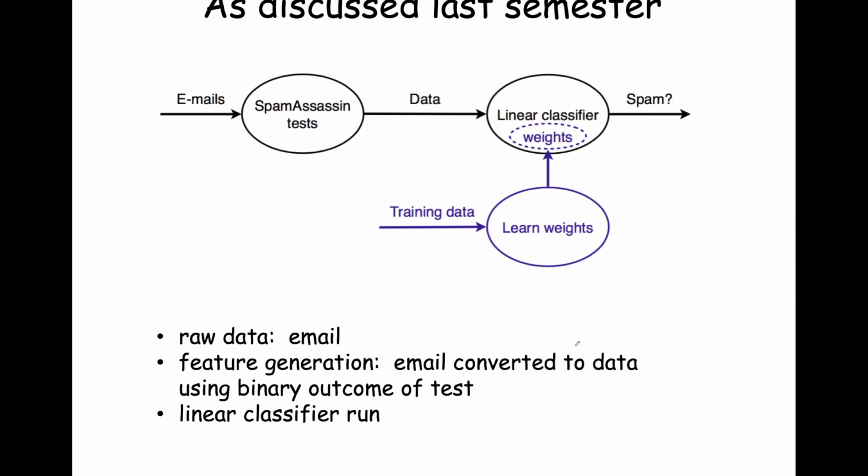Okay, and so we have our emails. We pass them through the tests in SpamAssassin, and this gives us our data. So you can think of this set of tests as our feature generation. And this feature generation recasts it in terms of these indicator functions, x0, x1, which can be 0 or 1, and that's now our data.